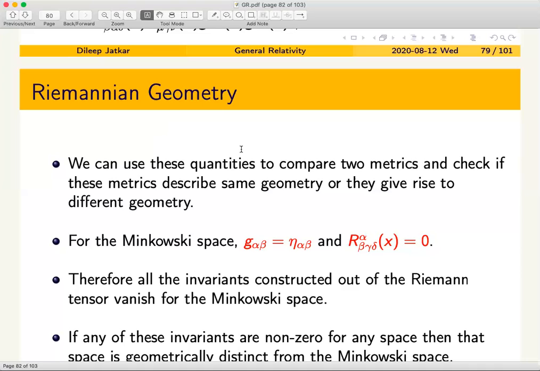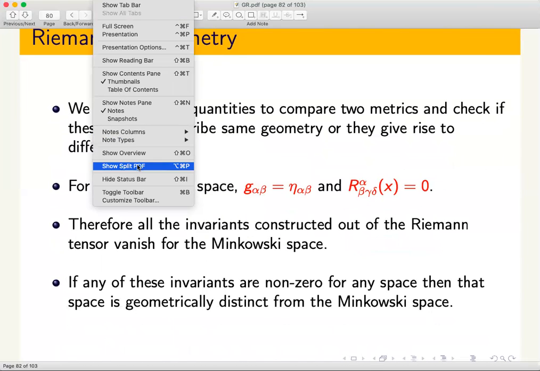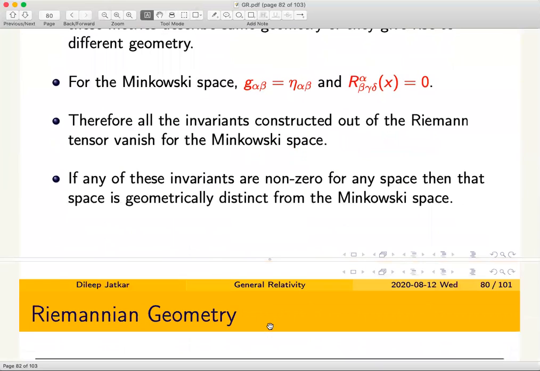Coming back to our problem, if you look at Minkowski space in any dimensions, our metric would be just given by eta alpha beta, and eta alpha beta is independent of any coordinates. They are just numbers. Because it is independent of coordinates, the corresponding Riemann-Christoffel connection would just vanish.